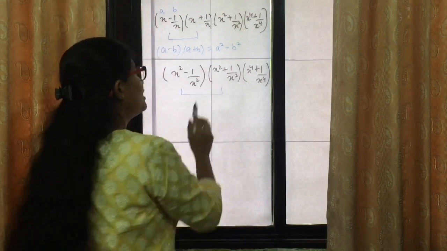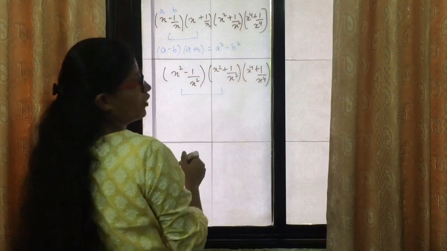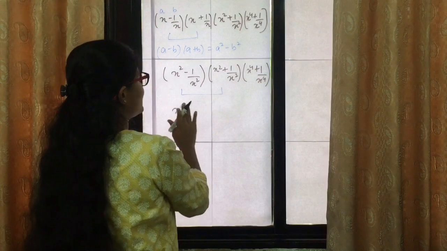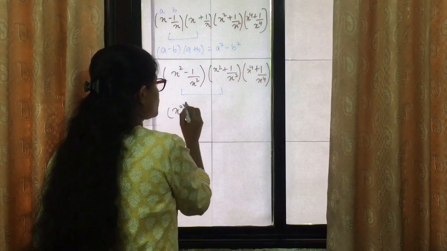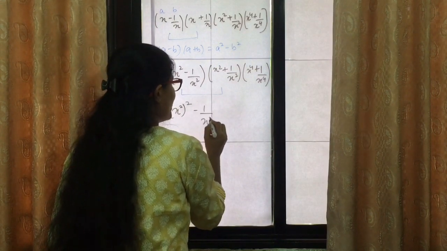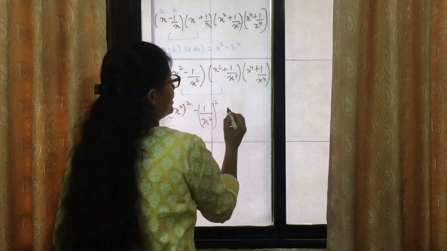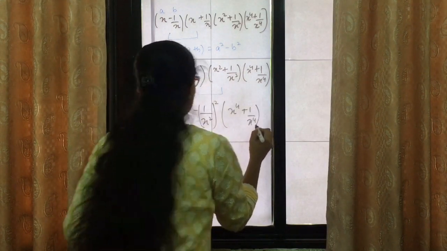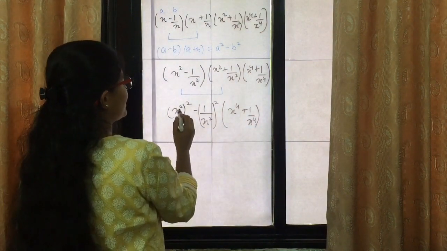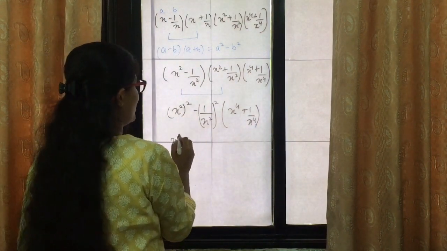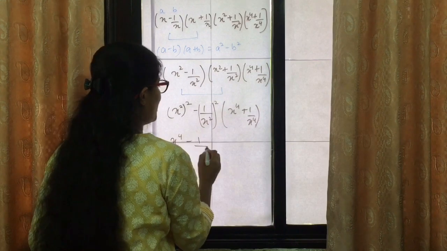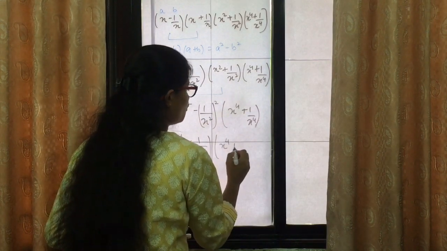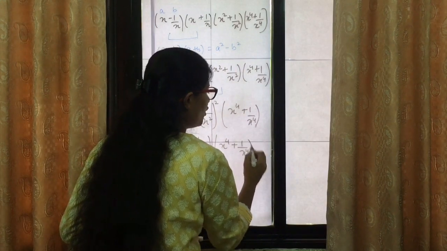Applying the same formula again, what we can write is x raised to 4. How come x raised to 4? The square of x squared minus the square of 1 upon x squared, into x raised to 4 plus 1 upon x raised to 4. If you expand this, x squared into squared will give you x raised to 4 minus 1 upon x raised to 4, multiplied by x raised to 4 plus 1 upon x raised to 4.